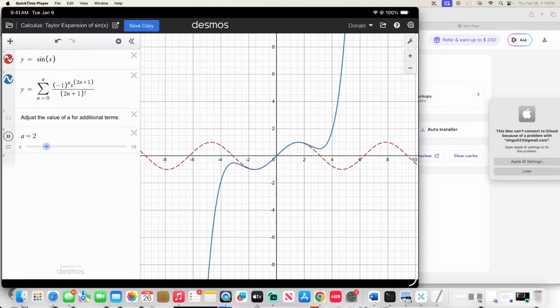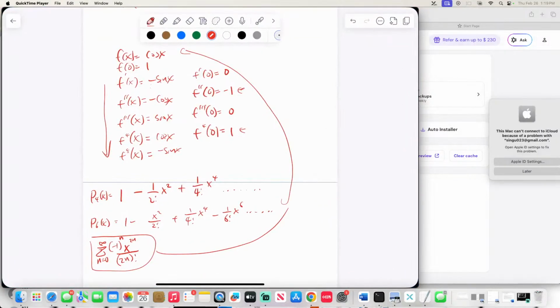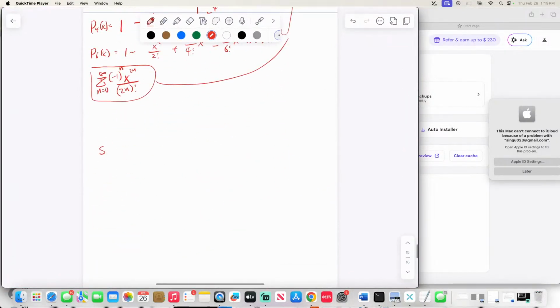So your homework is to do it with sine of x and natural log of x, for the power series. So we already know e to the x is what? Summation n equals 0 to infinity of x to the n over n factorial, right?